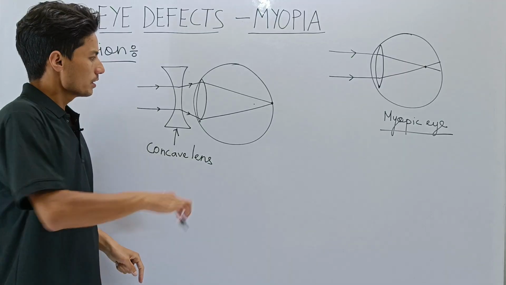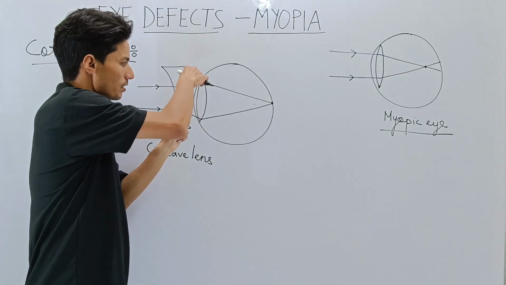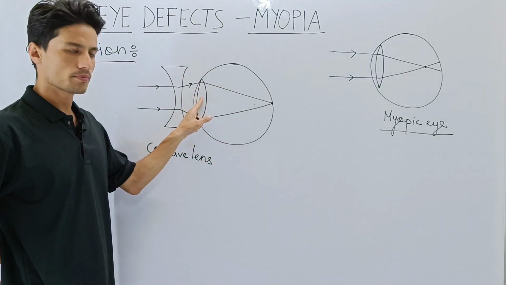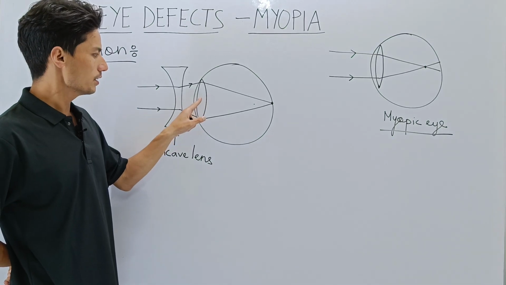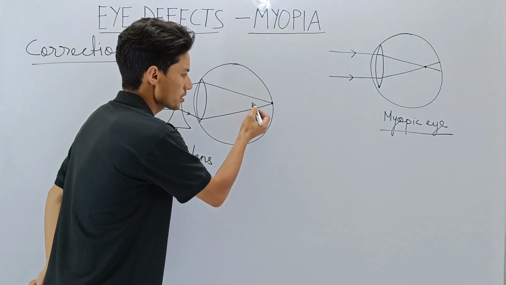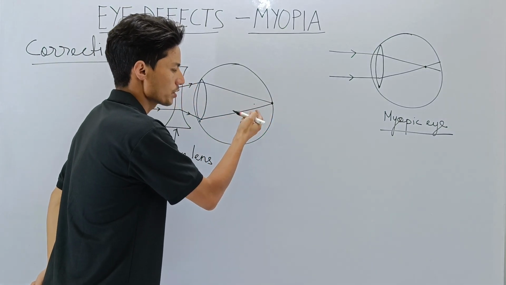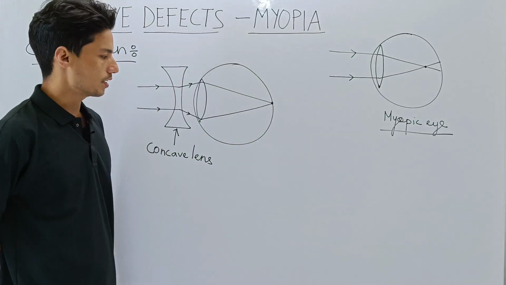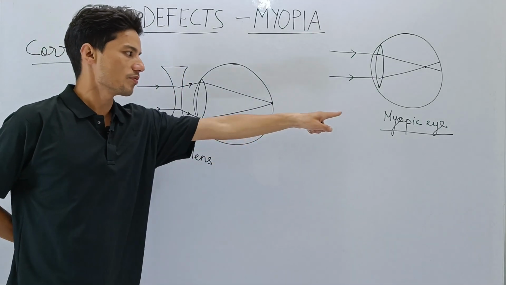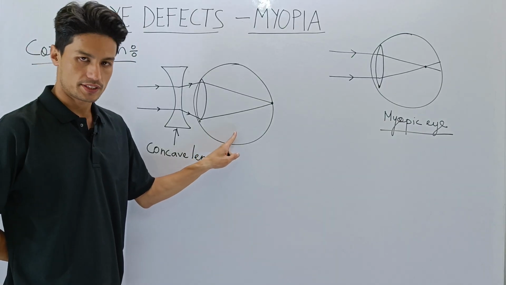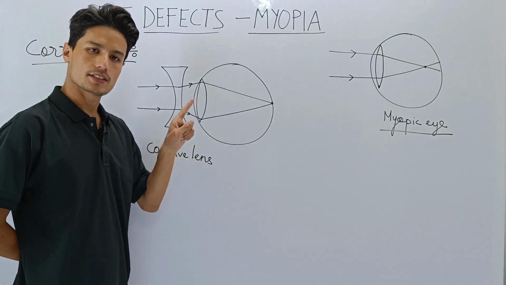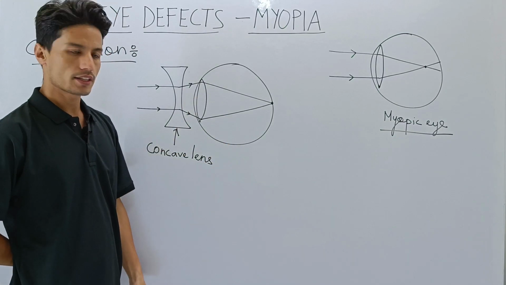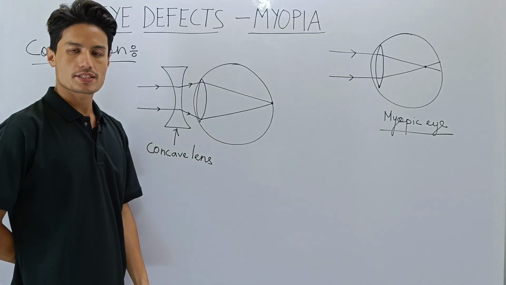These diverging light rays are converged by this convex lens, and this time the focal point, which was previously in the myopic eye here, is now pushed to the retina, and the problem of myopia has now been corrected. This is how the correction for myopia is achieved.